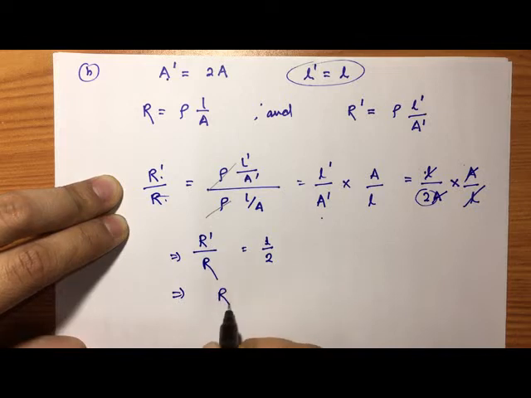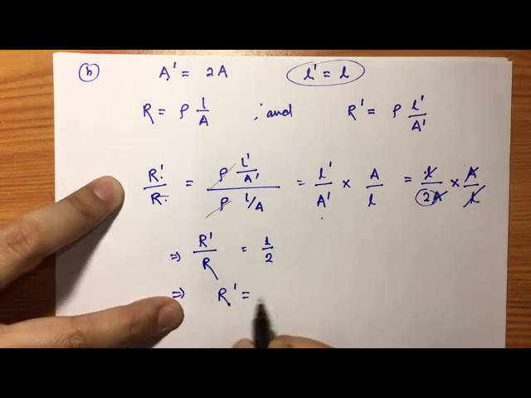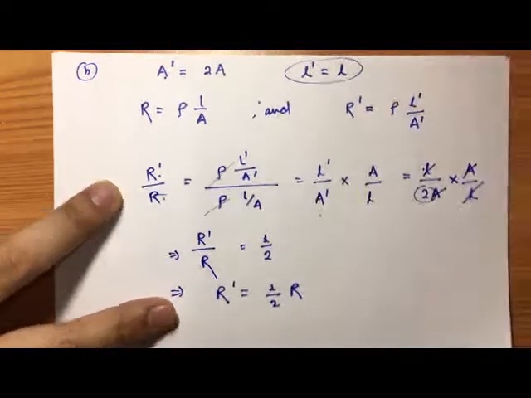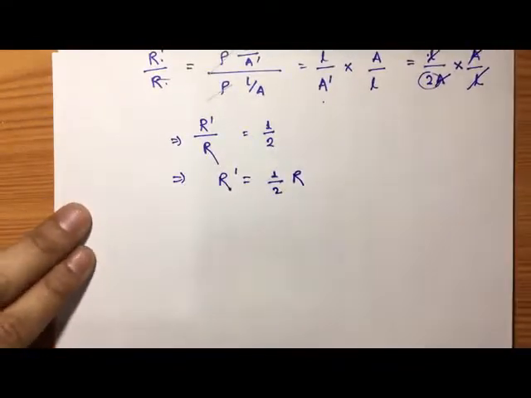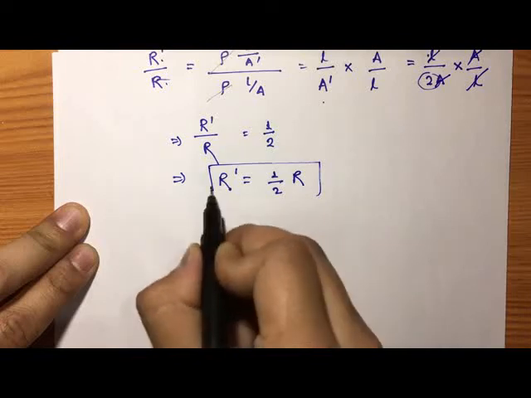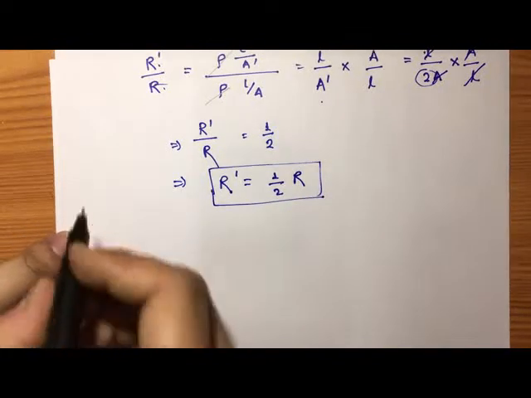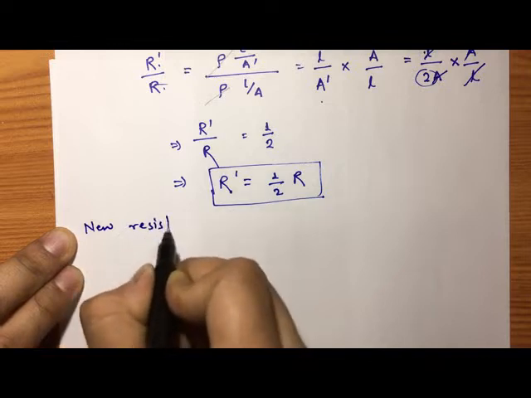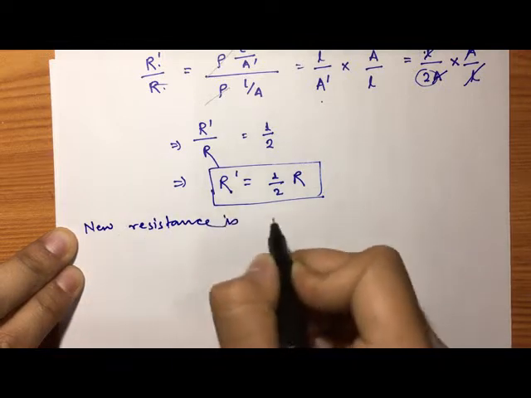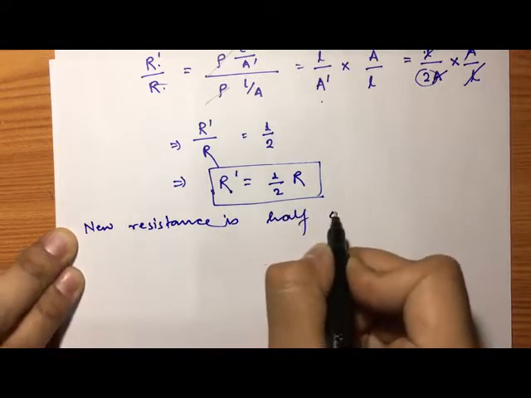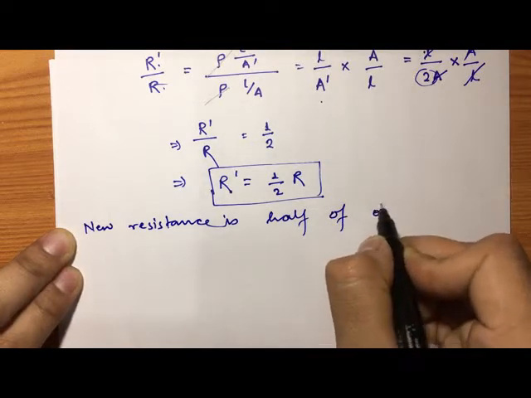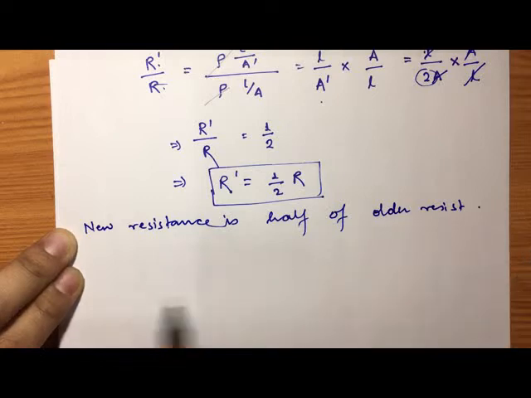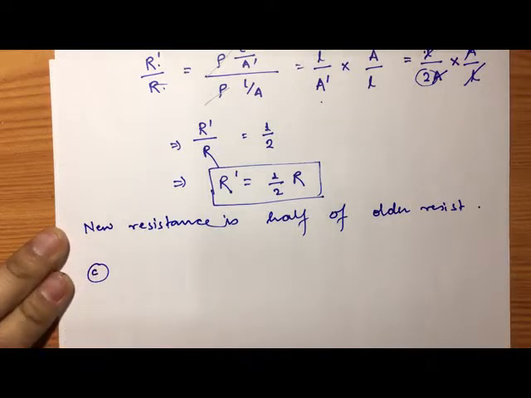It means that my R prime is half of older resistance. Okay, so from this result we can conclude that new resistance is half of older resistance.